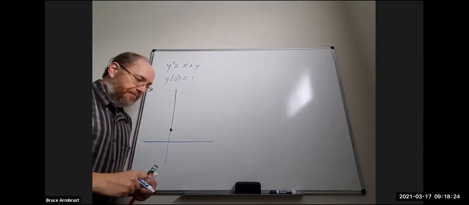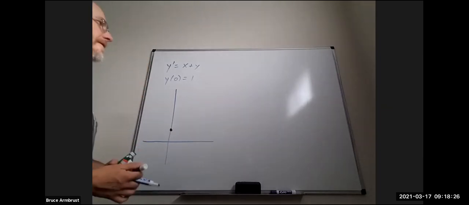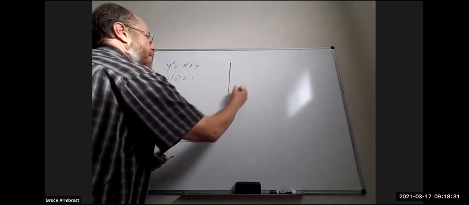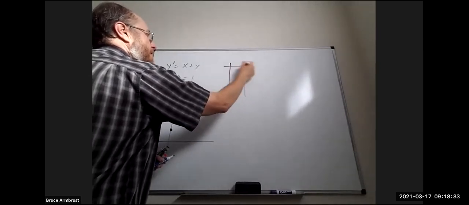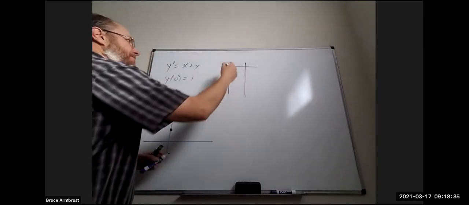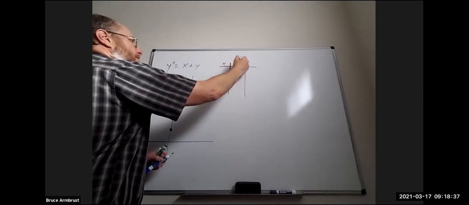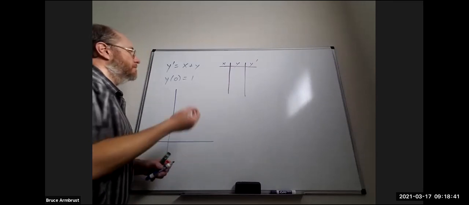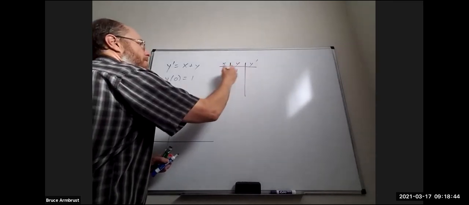Okay. So let's start by finding the slope at this point. I'm going to make a big T-chart kind of thing. It's actually not going to be a T-chart, it's going to be a pie chart, because what I need are x, y, and then my slope. So I'm starting at the point 0, 1.